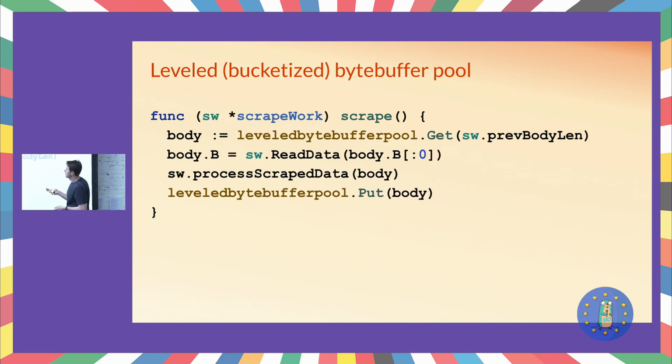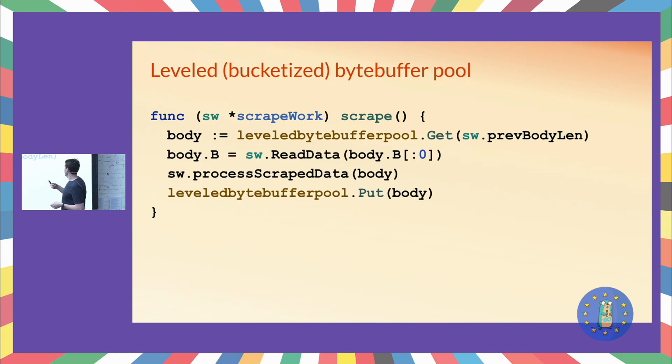And here's how we use it. Remember, I talked about scraping data, and you could have one target which exposes 1,000 metrics and another target which exposes 10,000 metrics, and you need to parse them both, and they need different buffer sizes to do this processing.